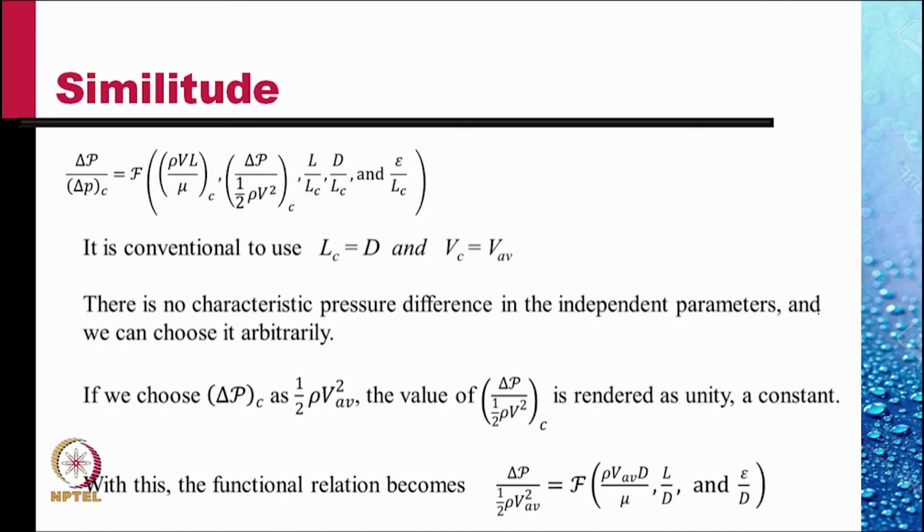If we choose the characteristic pressure difference delta P as 1/2 rho V average squared, the value of delta P divided by 1/2 rho V squared is rendered as unity, a constant, and so it drops out from the functional relationship. If we treat delta P as a dependent parameter, then the functional relation becomes delta P divided by 1/2 rho V average squared is a function of Reynolds number, L by D and epsilon by D.